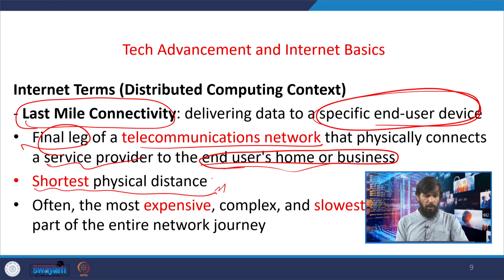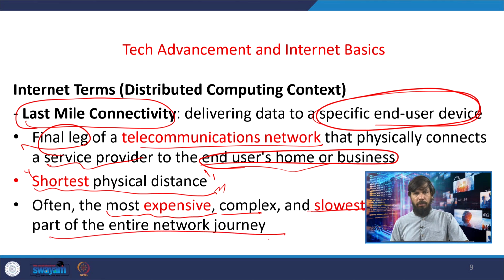The last mile connectivity deals with only the shortest physical distances, but as it turns out, it is often the most expensive, complex and slowest part of the entire network journey, right. But the experience of the end user is important for any application that is delivered over the internet.